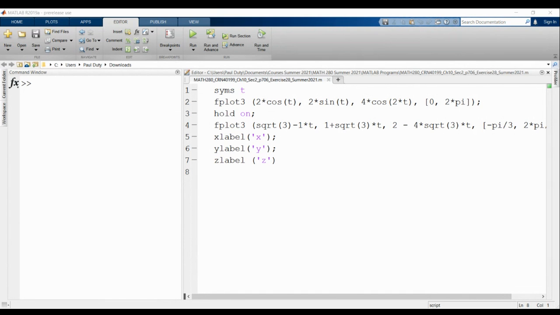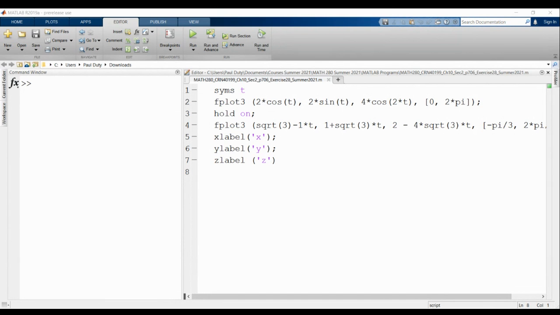You know it's there. So, all right, we're going to graph two space curves. One space curve is given by 2 cosine t, 2 sine t, 4 cosine 2t. And then there's a hold on command.